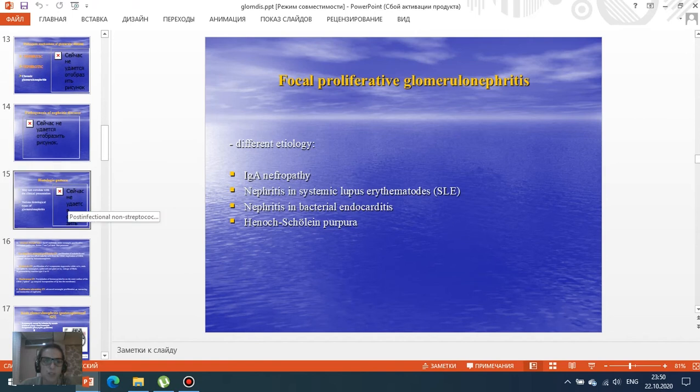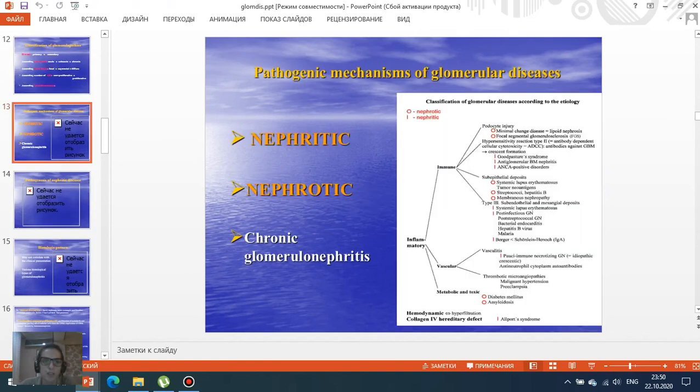So you can see the pathogenic mechanism in this picture. You can see the pathogenic mechanism of glomerular disease, always glomerular disease with nephritic and nephrotic syndrome.